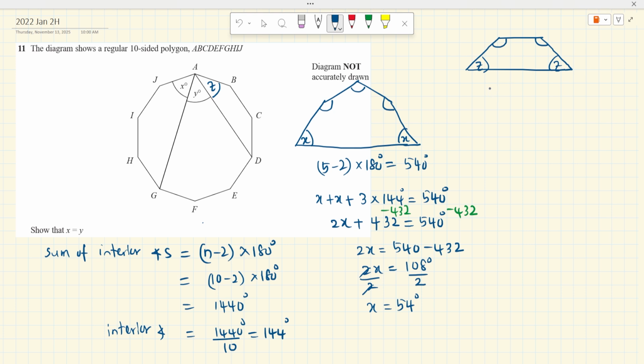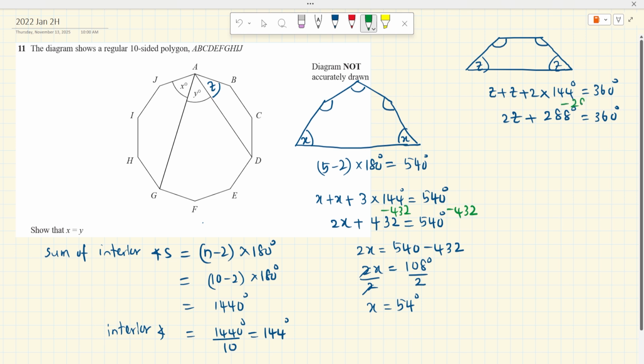So you can write Z plus Z plus 2 times the interior angle, 144, equals 360. 2Z plus 288 equals 360. 2 times 144 is 288.